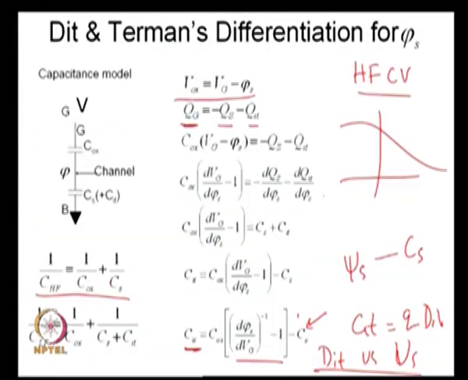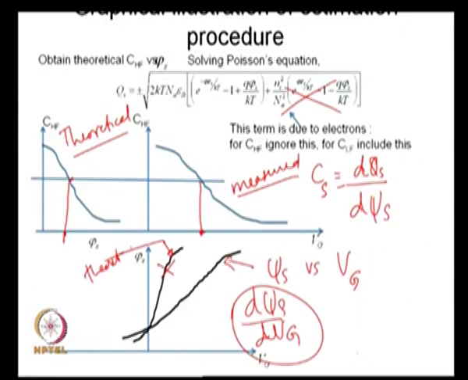As soon as I know both these quantities, I know Cs, I put that value here, I know d psi s by dVg, I put that value here, I have anyway measured oxide thickness, oxide capacitance, I know what is CIT. Once you know CIT, you know DIT. In other words, for every value of psi s, you have generated a DIT versus psi s plot. Okay.